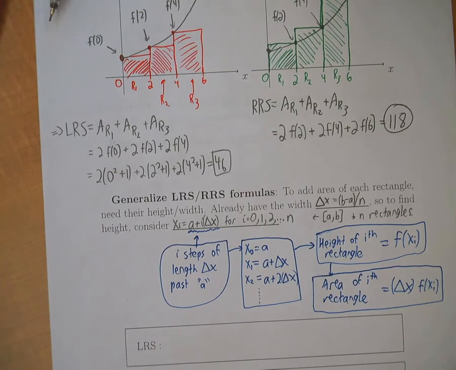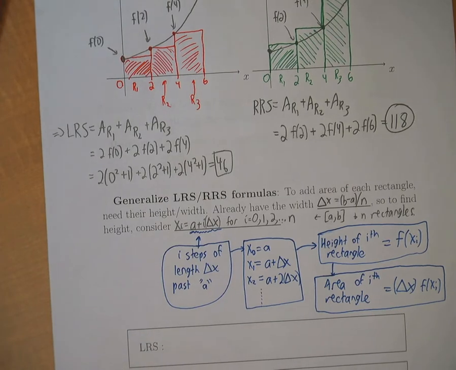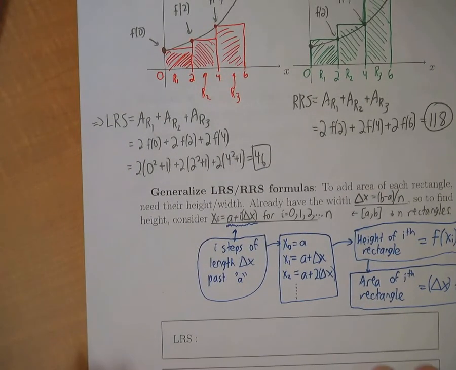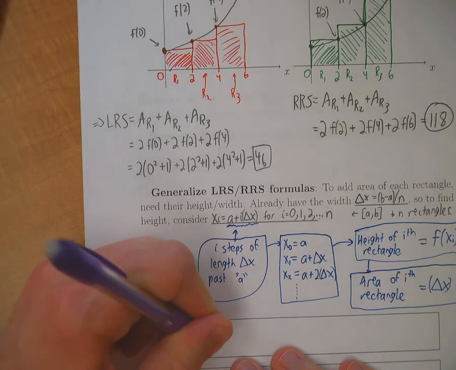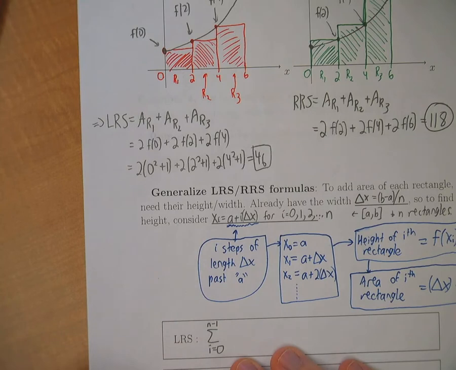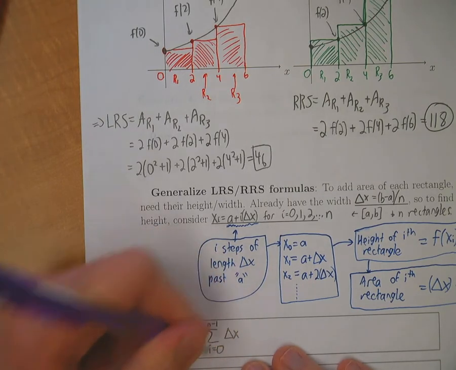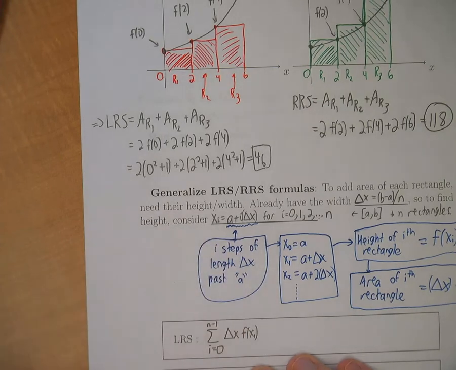Okay? So in this case, if we want to generalize the Riemann sum formulas, then what we'll need is the sigma notation we introduced at the start of the lesson. So in this case, the left Riemann sum is then the summation from i equals 0 to n minus 1 of delta x times f of x sub i. Right?